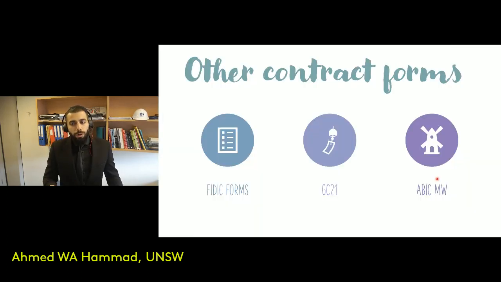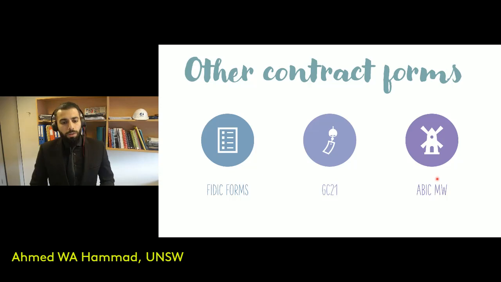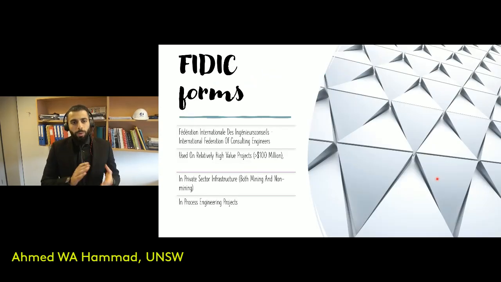There are also other contract forms that are used in Australia, so the FIDIC Forms, GC21 and ABIC. So what's the FIDIC Forms? Developed by the International Federation of Consulting Engineers. Mostly used on massive projects. So we're talking about high value projects, more than $100 million.